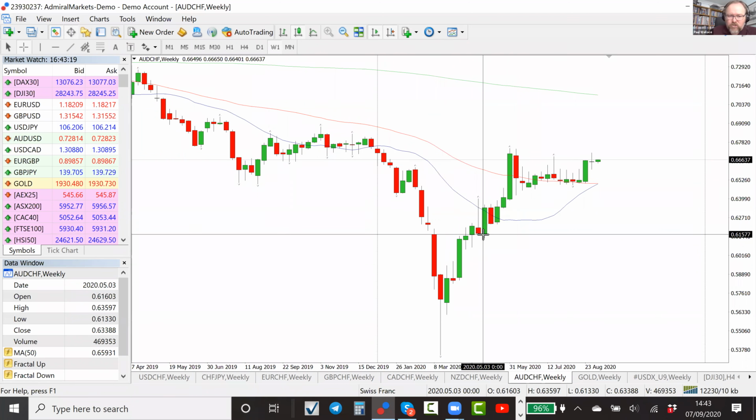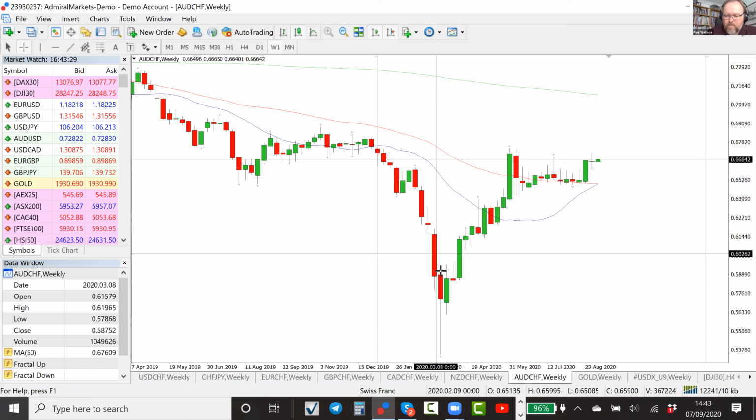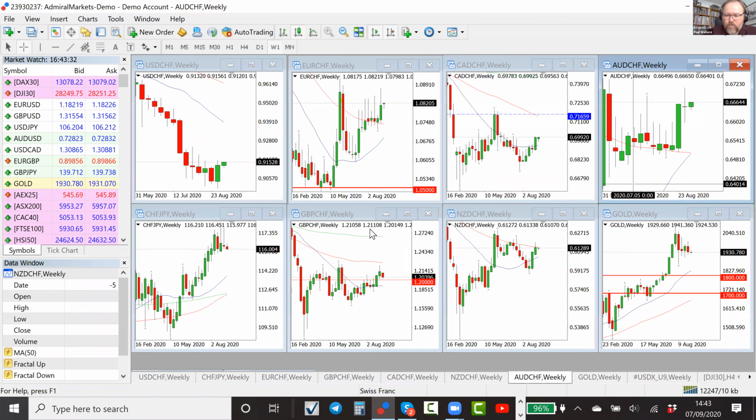We've seen, for example, the Chinese buying copper at very cheap prices, and that has had an impact on the Aussie dollar. But during the start of the COVID crisis, we saw money flooding into the Swiss franc, and that's one thing we want to be aware of.